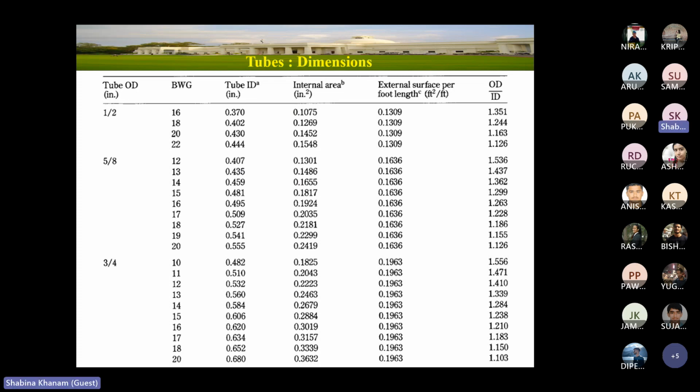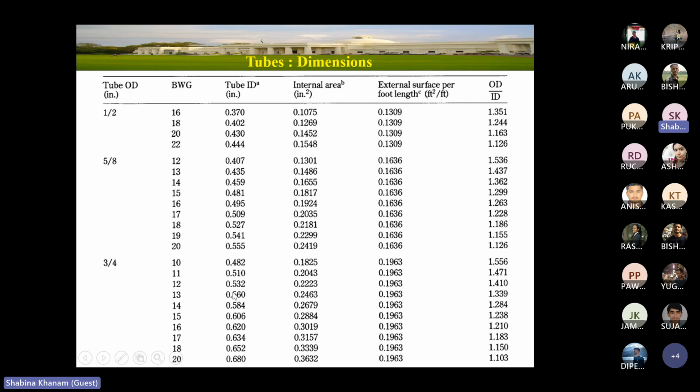So this would be lesser than 16 mm, which is the recommended value for tube OD. If you consider 3/4, it will give you an OD of 19.05 mm, which is between 16 to 25 mm. I hope you are getting my point. So you can choose this OD or beyond that up to 25 mm.